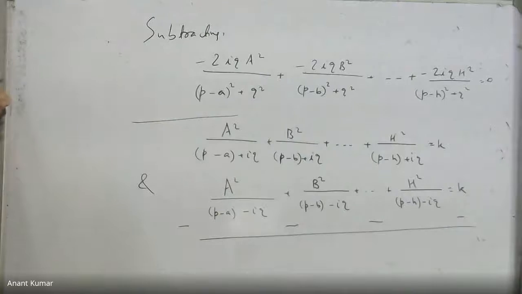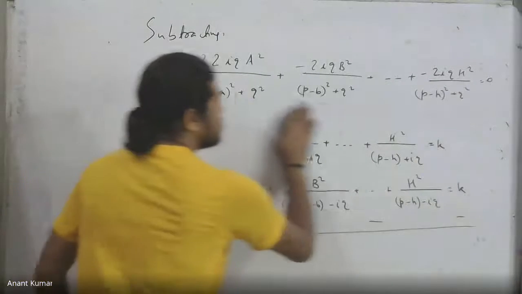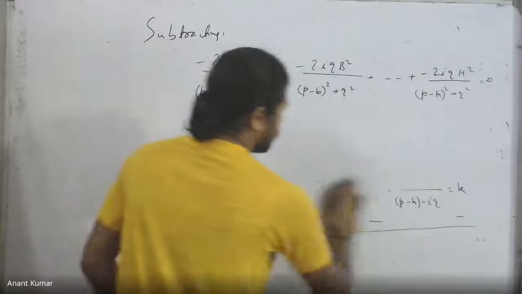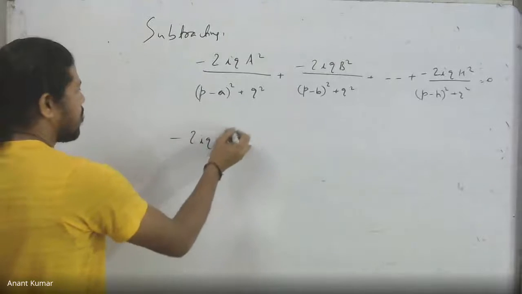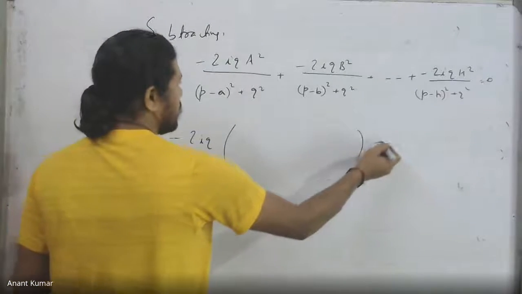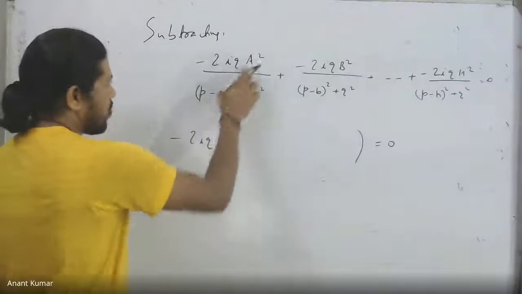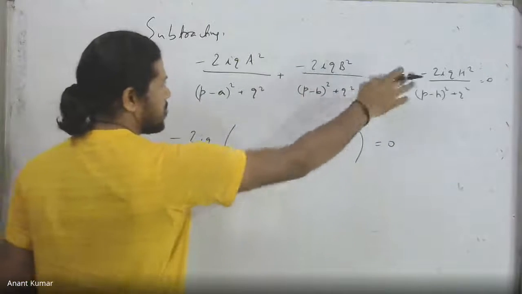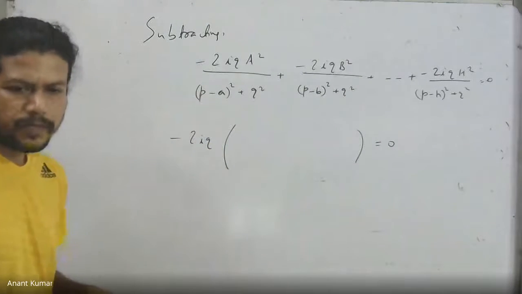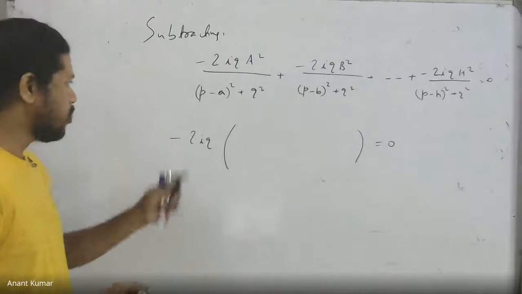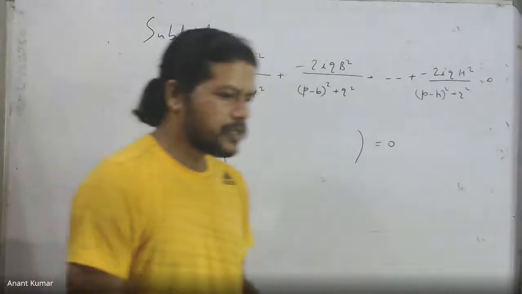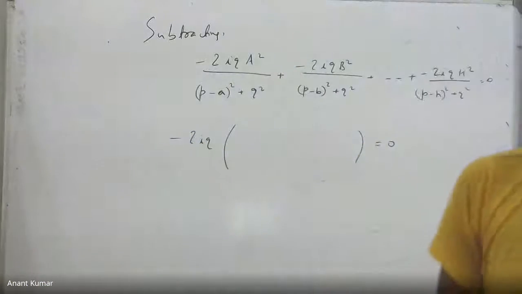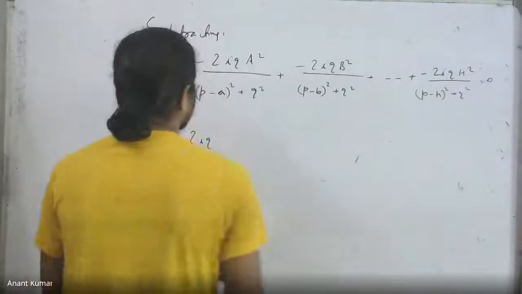You can see in this case, if I look at this one, upon taking minus 2 IQ common, we get something which is actually positive. A square by this entire thing, B square by this entire thing, H square by this entire thing, all non-negative numbers. So unless and until Q becomes 0, the entire thing cannot be 0 over there. There's a contradiction in this case. Unless Q becomes 0, we shall not get this.